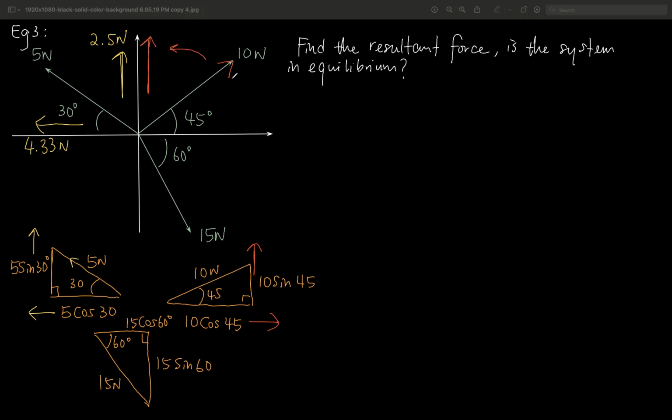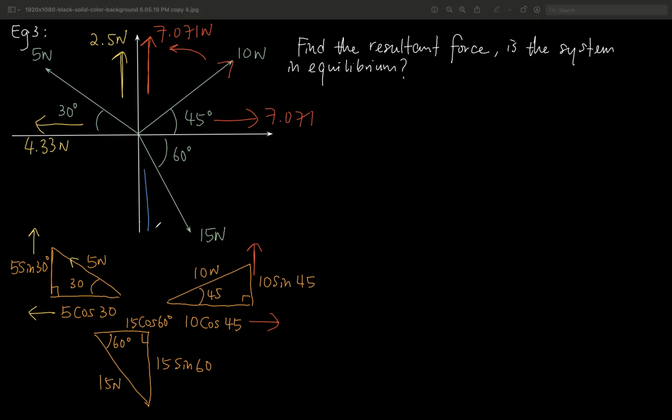10 sin 45 gives 7.071 Newton. This one, 10 cos 45, is the same. Last one, this one.